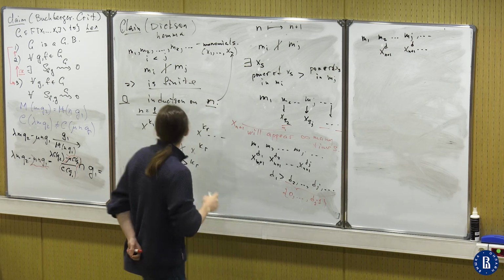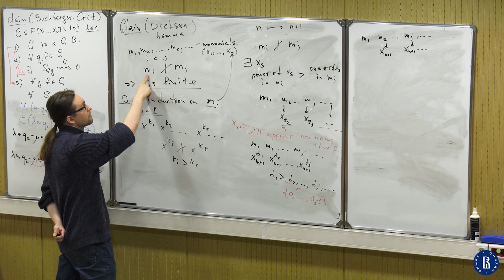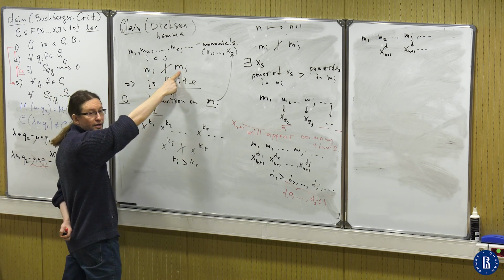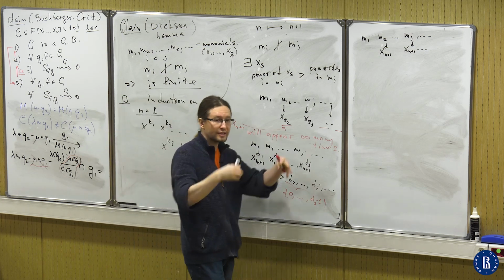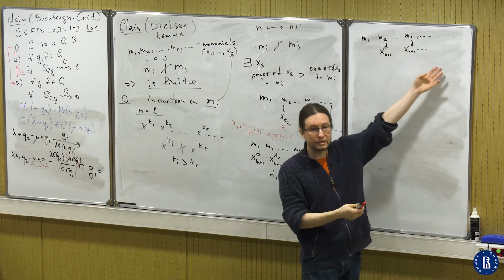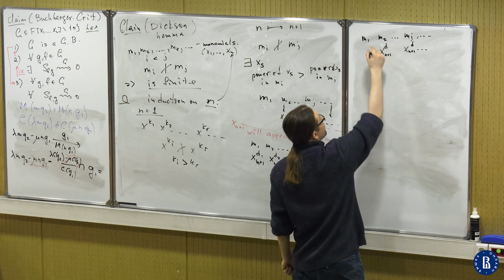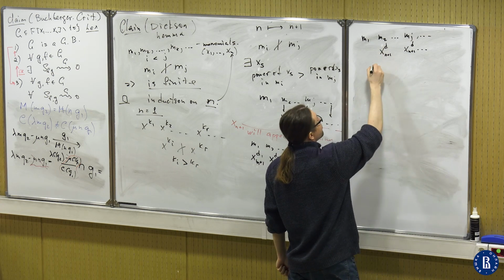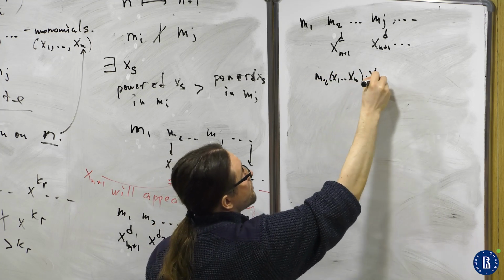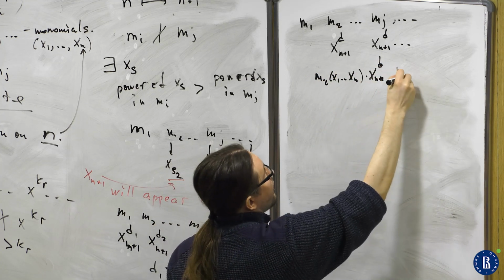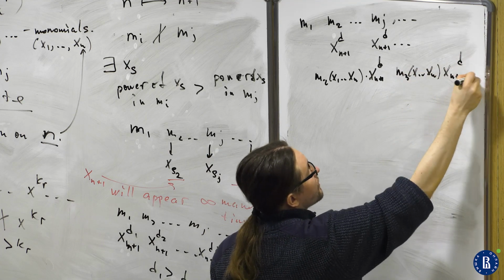But by the hypothesis, every monomial with a smaller index doesn't divide every monomial with the larger index. Since we just passed to a subsequence, the same property holds here. But this monomial is represented as what? m2(x1, ..., xn) times x_{n+1} to the d. Then m3(x1, ..., xn) times x_{n+1} to the d, and so on.